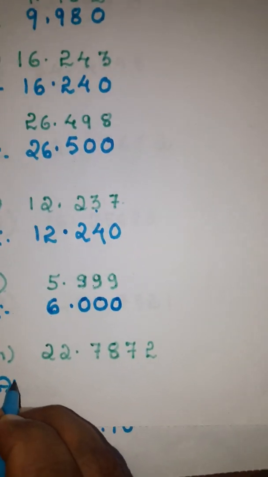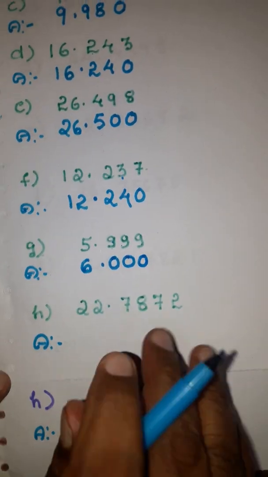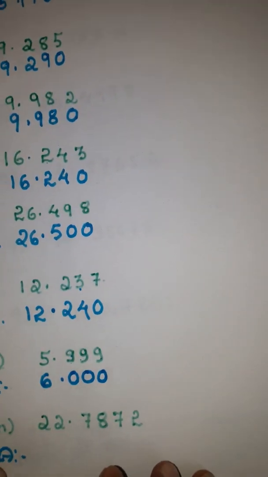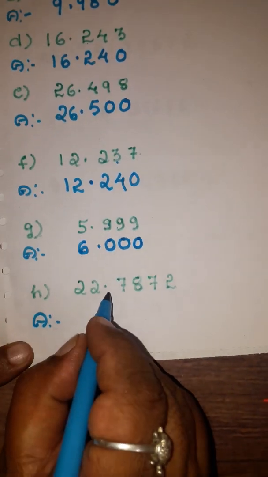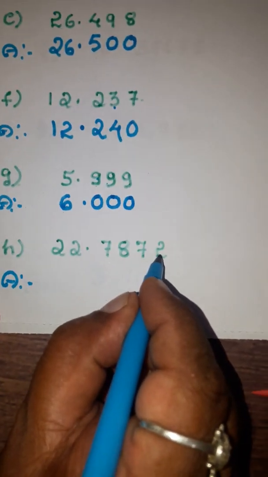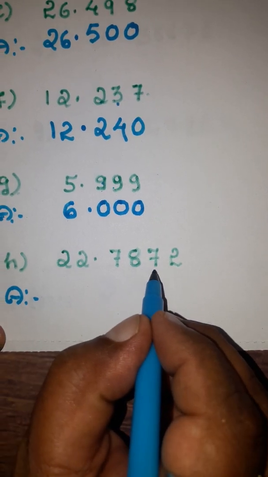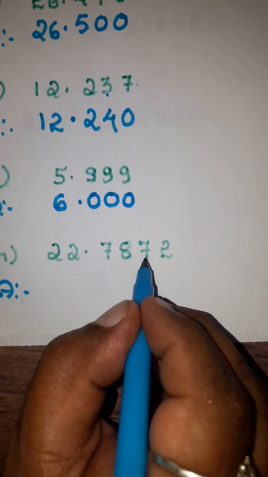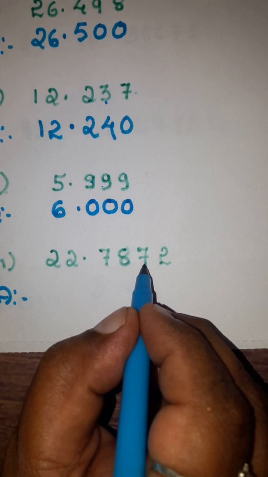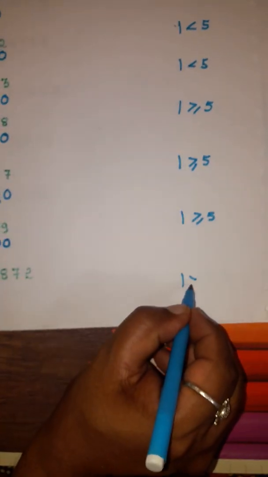Now the last example, 22.782. So we have to round it up to second decimal. Focus on the third decimal place. It is more than or equal to 5.